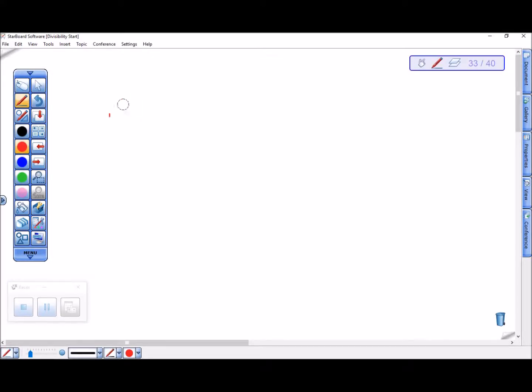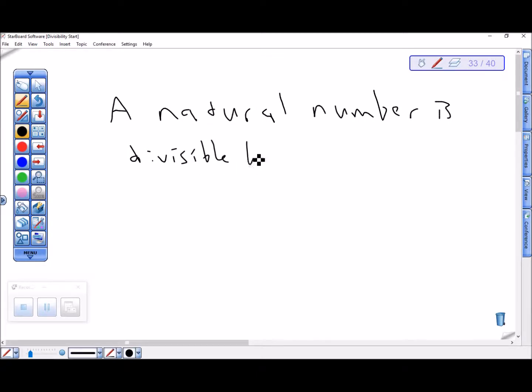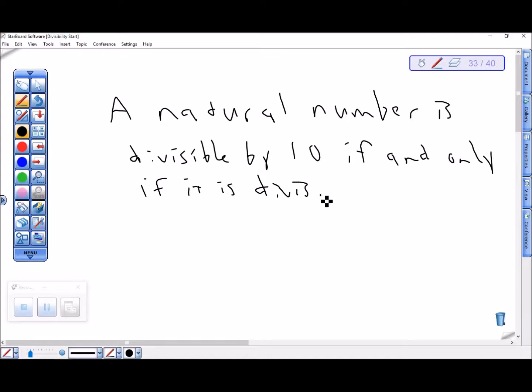A natural number is divisible by 10 if and only if it is divisible by 2 and divisible by 5. But if we think about what that means, remember a number is divisible by 2 if it's even.